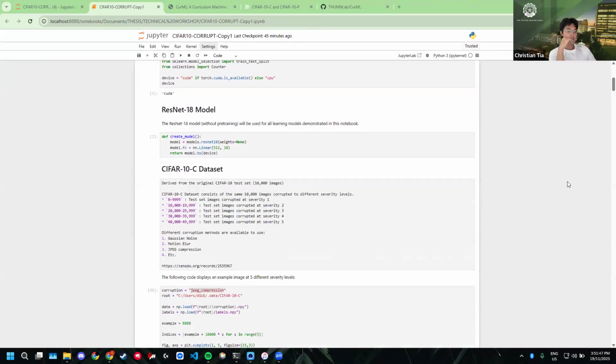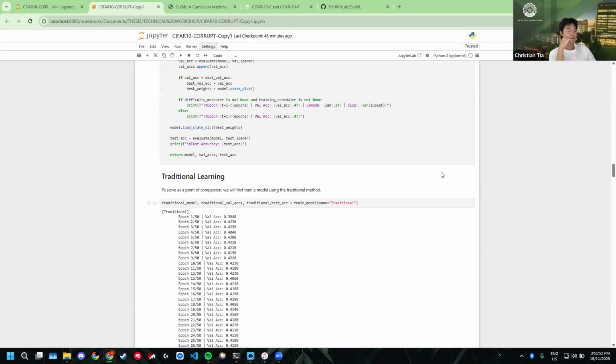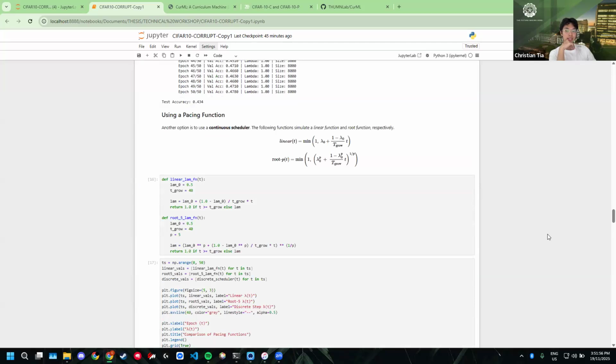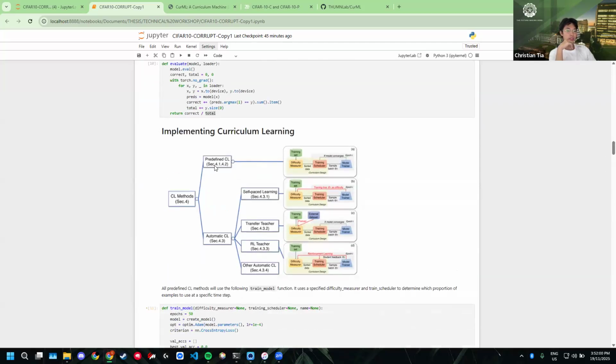Yeah, that's a good question, because everything is sort of trial and error, right? You want to try to save time by finding the most optimal method first. I would say that between automatic or predefined CL, your decision would be highly based on your knowledge of the data set.